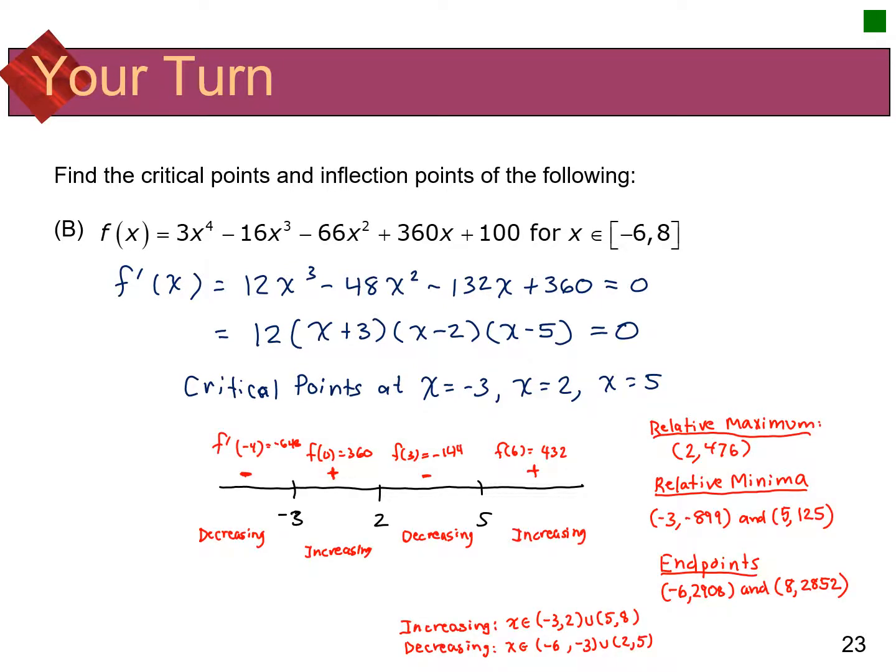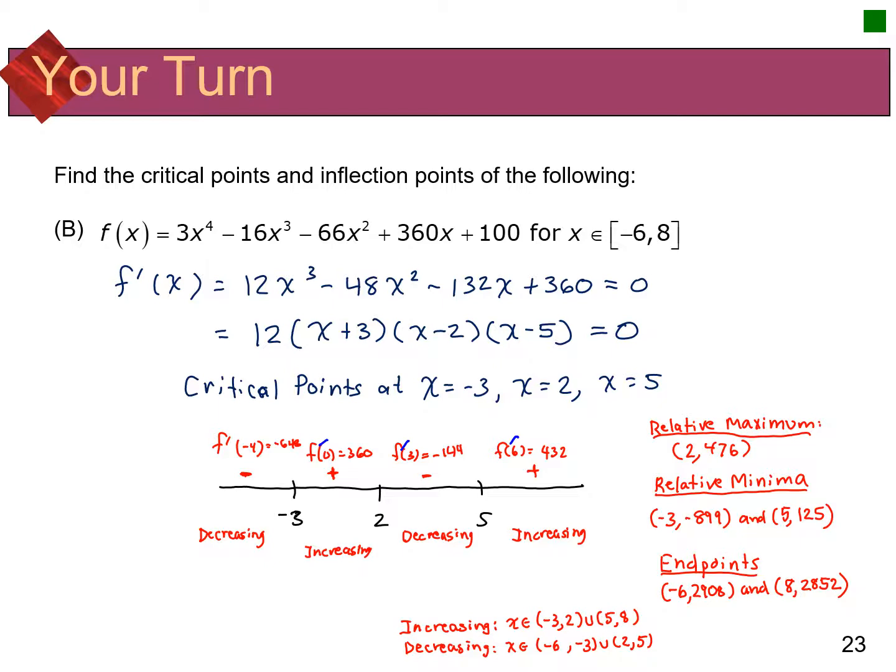So a lot of things going on here. So f prime of negative 4 was negative 648, which of course is negative. So that means that f of x is decreasing before I hit negative 3. And then since f prime of 0, and again, I missed some primes here, since f prime of 0 is 360, that's positive.